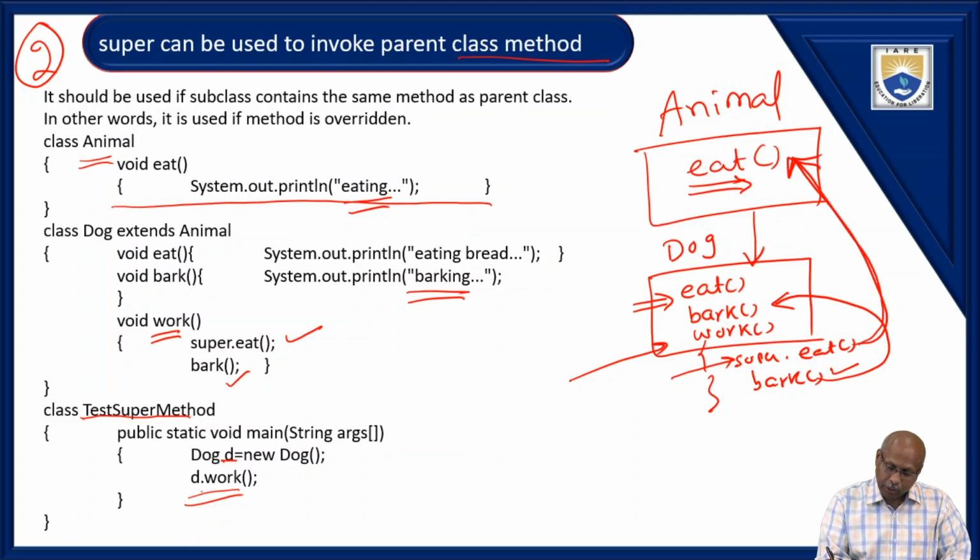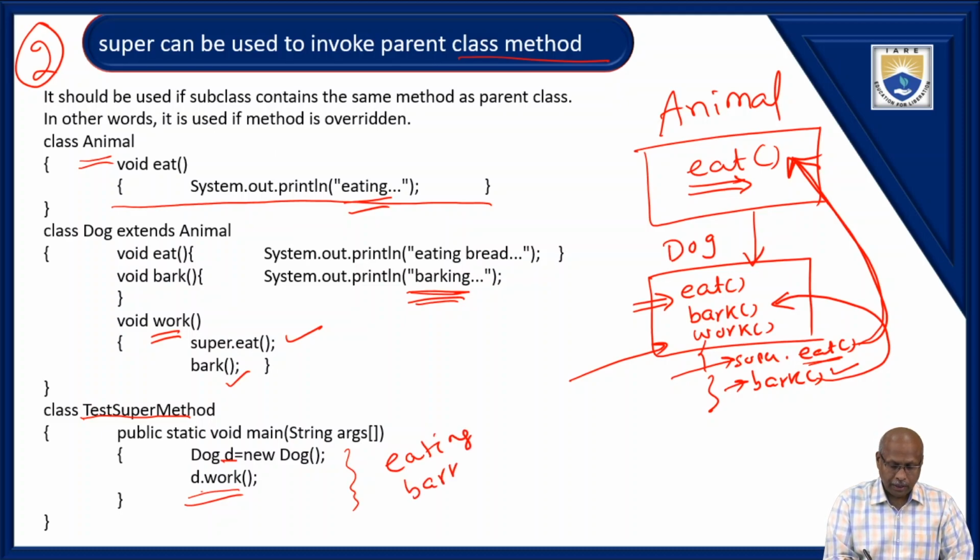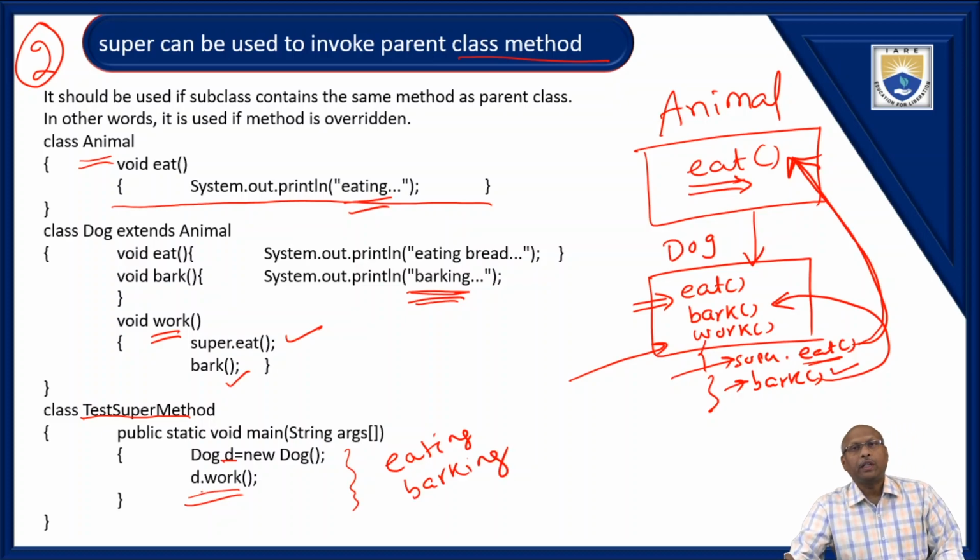Then after executing this eat statement, control comes to bark, and it will print barking. If I execute this program, what is the answer? Eating from the first statement, then barking. Both statements will be printed on the screen. So this is the way you can invoke the parent's method. Whenever the child wants to invoke the parent's method, always use the keyword super.